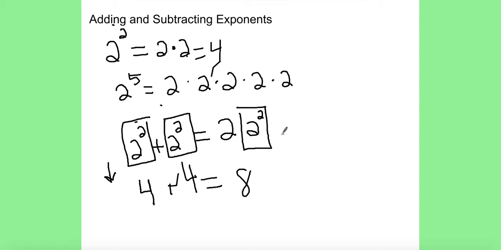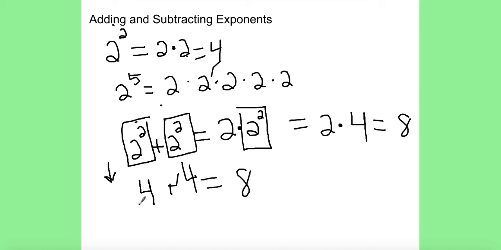Then I can start evaluating. Okay, in between these boxes is a little hidden multiplication. And I can evaluate what's inside the box first. 2 times whatever 2 squared is, which in this case is 4, which is 8.